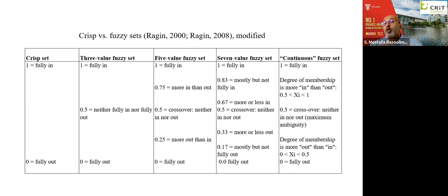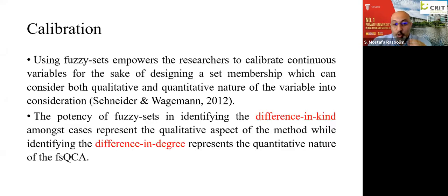And between 0 and 0.5 is a degree of membership that is more out than in. So we can have membership in kind, or difference in kind, and membership in degree.